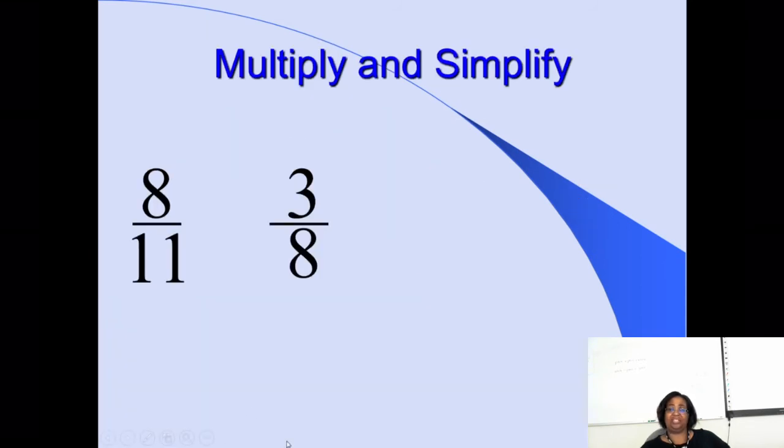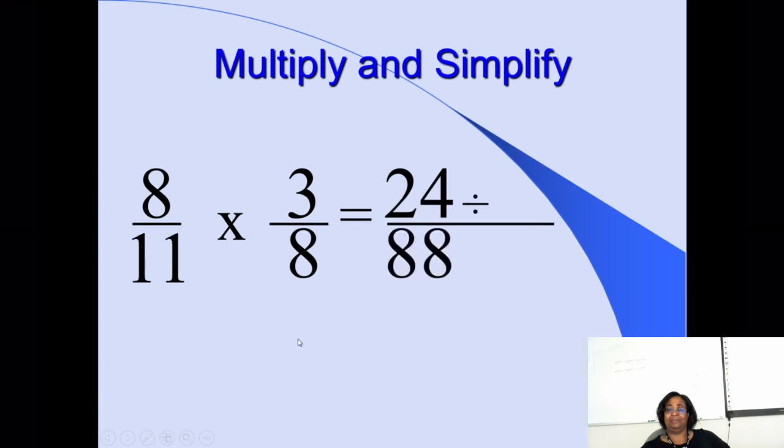What's this one? You guys can do this in your head. No. 3 over 11. Because we're going to cancel the 8s. Now, some people don't like to listen to me. And that's okay. If you decide that you're going to just multiply and then reduce because you can handle the big numbers, then do so.